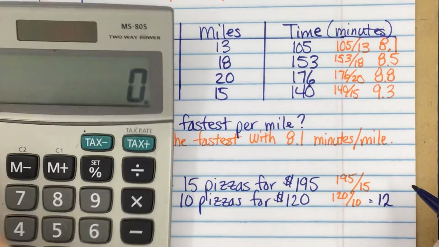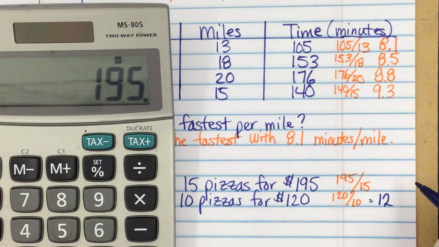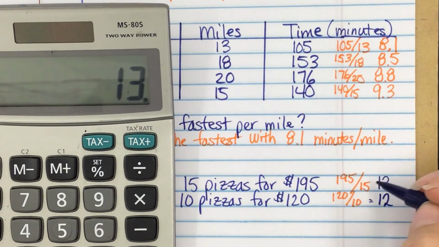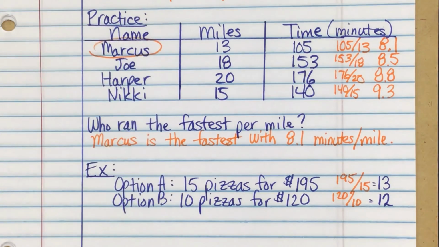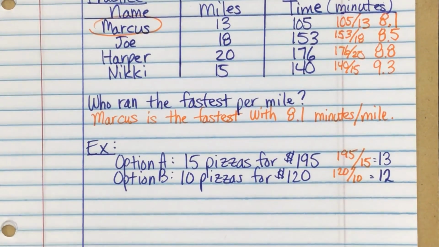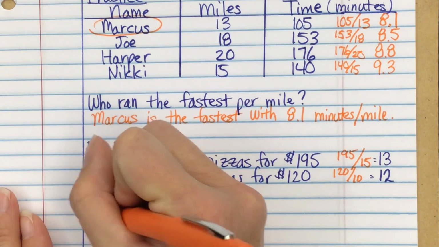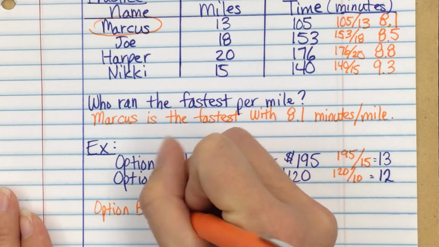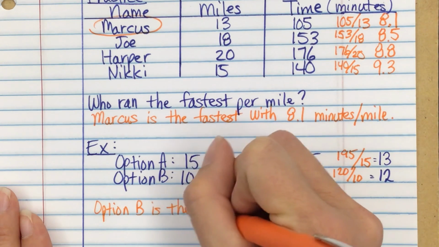This one, however, 195 divided by 15, is going to be $13 per pizza. So which one's the better option? Option B. Option B, yes, it's cheaper. Okay, so we can say option B is the better buy.